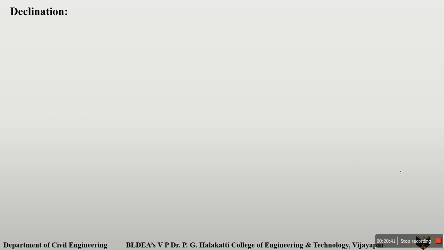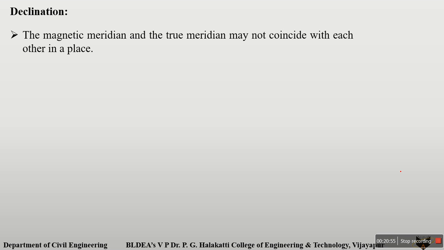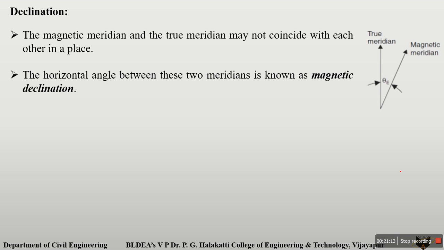As you know that there are two meridians, the magnetic as well as the true meridians. The magnetic meridian and true meridian may not coincide with each other in one place. Always there is a small difference between the magnetic meridian as well as the true meridian. So just observe these diagrams.